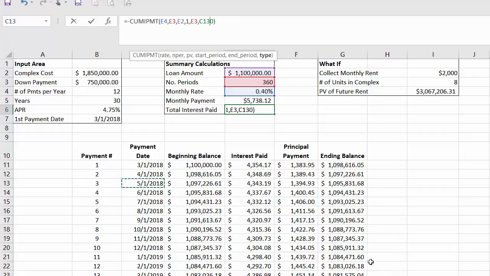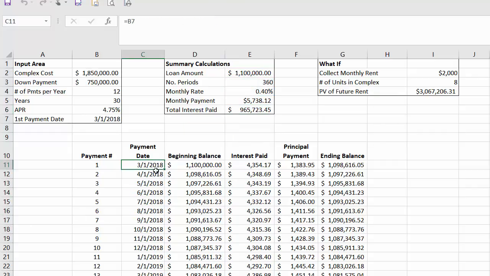So continuing on, we then go to step 14, and it says reference this cell here, which is the starting date of our first payment. Note that to get the next month, we use this formula here, which uses 3 nested functions for year, month, and day.